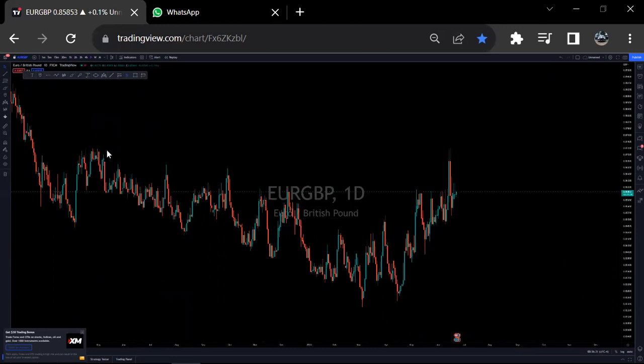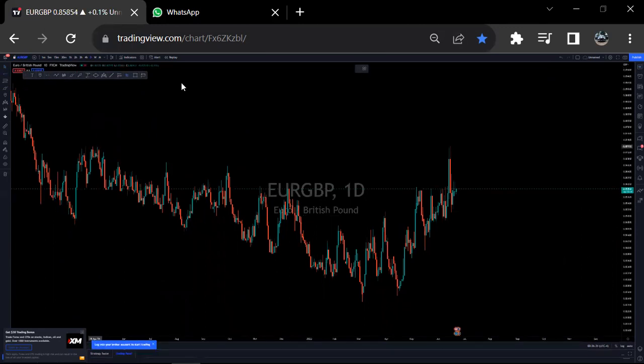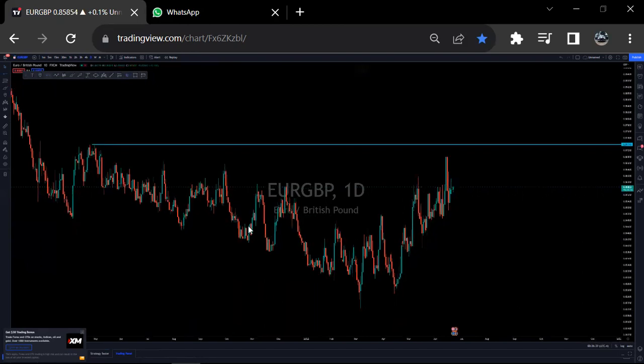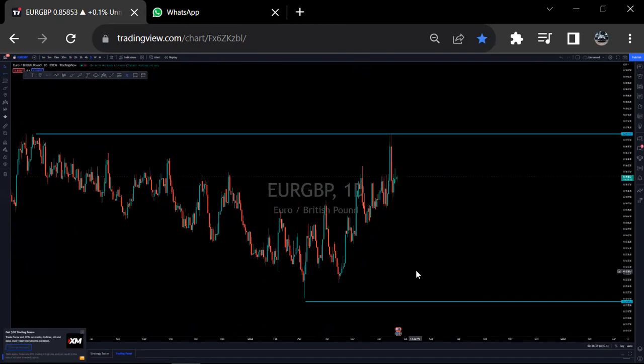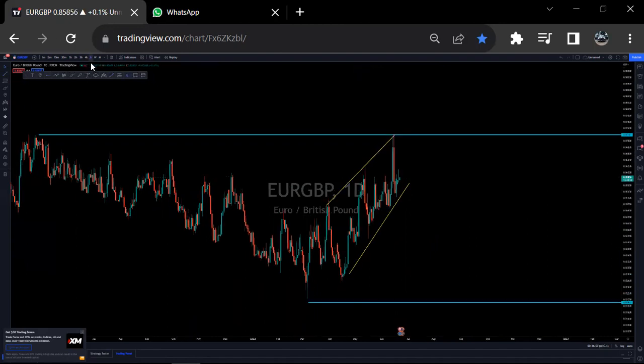We have the height of the height, and we have the low. And again, we have some good 1, 2, 3. And again, on the low, I have some good 1, 2, 3. And then we move to the 4 hour.